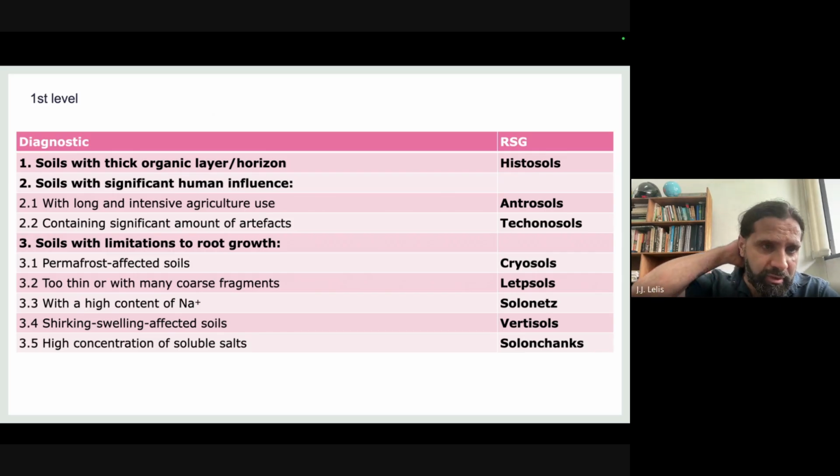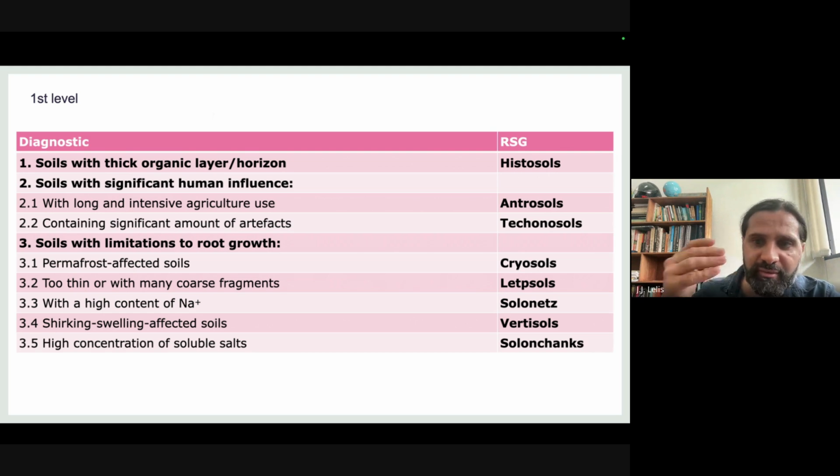And among the 32 RSG, some have diagnostic horizons and properties that could group these RSG. And when we think in that way, it's much easier to understand, okay?